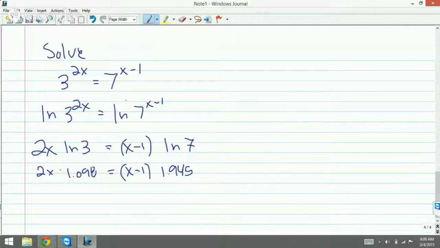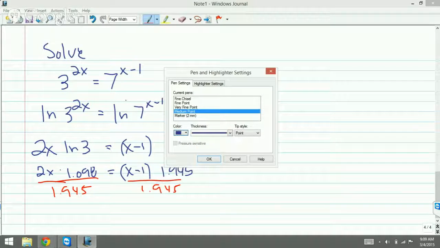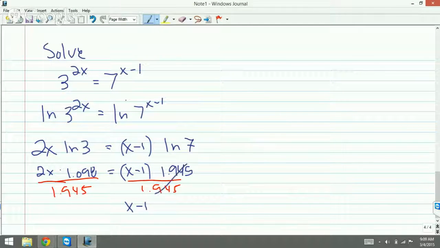There are a dozen ways to do this one. You can distribute it if you want on the right. Yep, completely fine. I'm going to do this because it's faster and easier. So 2 times 1.098 divided by 1.945. Any ideas? Calculators? 1.129.